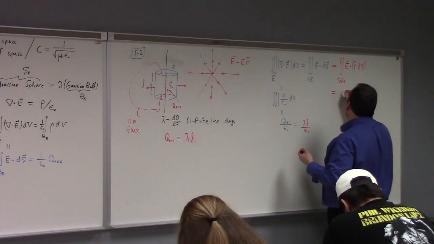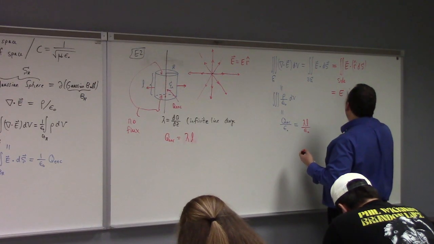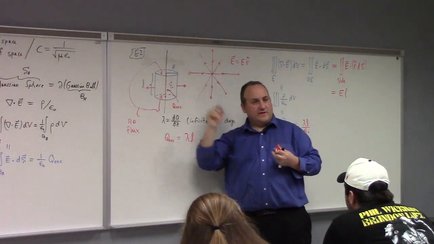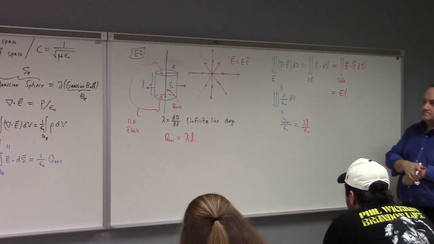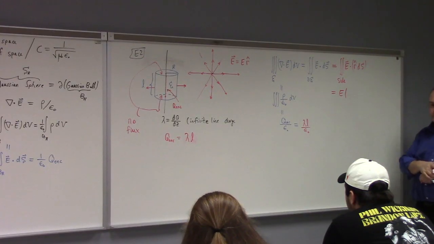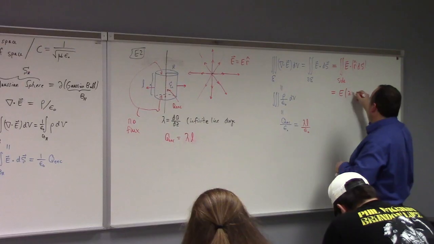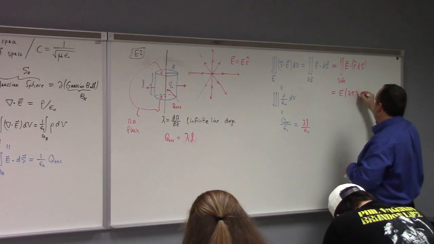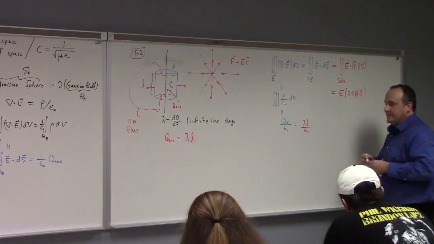And so that works out, by the cylindrical symmetry, to the magnitude of the electric field times the surface area of the cylinder. What is the surface area of a cylinder? Yeah, 2 pi big R in our current context, 2 pi RL, all right?